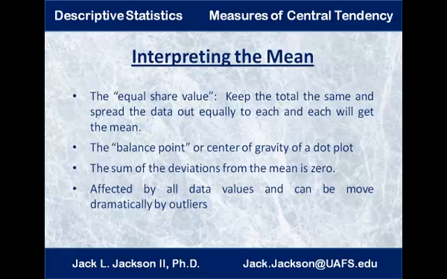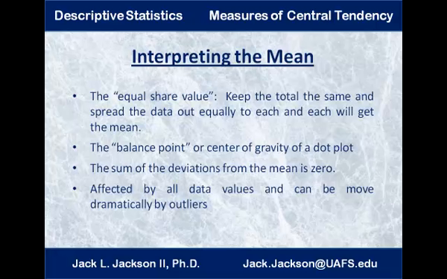It is affected by every single data value. So if you move one data value a little bit, it may have a perhaps small, but some effect on the mean. So it really does take into account the actual values of every single data value. Now, this can be extremely sensitive to outliers.